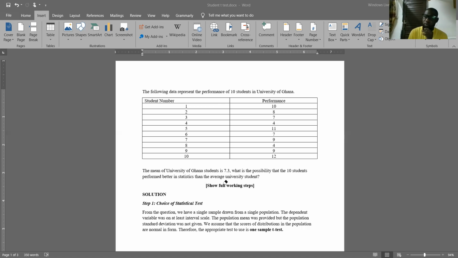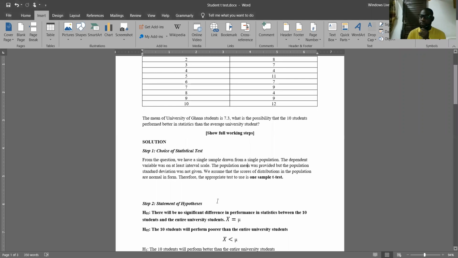So it means we assume the scores of the populations are normally distributed. So after you state these 4 assumptions for the one sample t-test, then you tell your reader that based on this, you'll be using the one sample t-test. So that's how you do it when it comes to step 1.